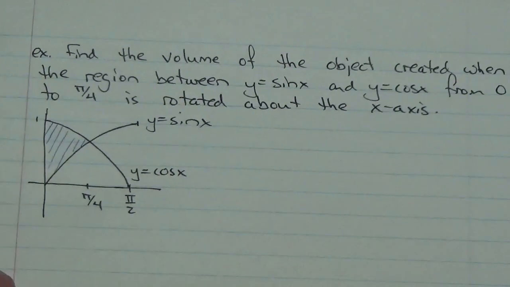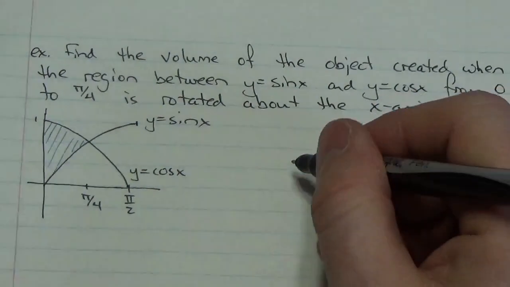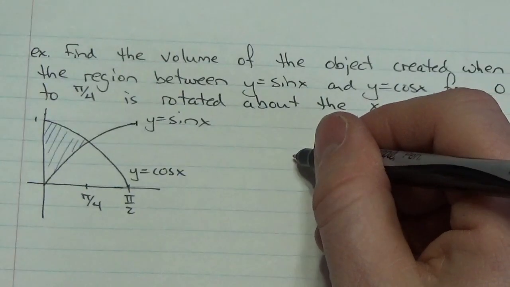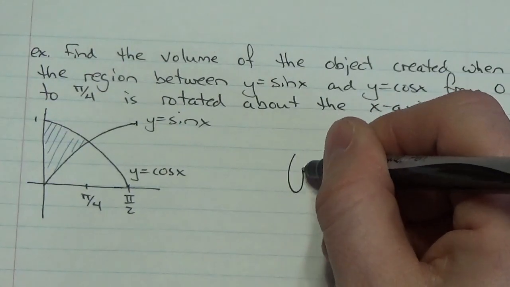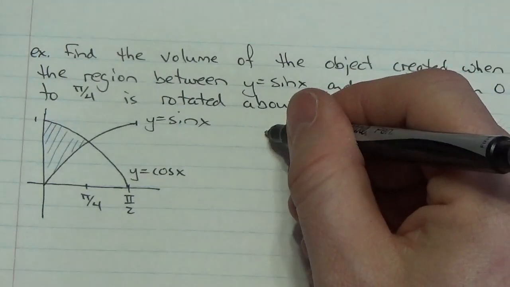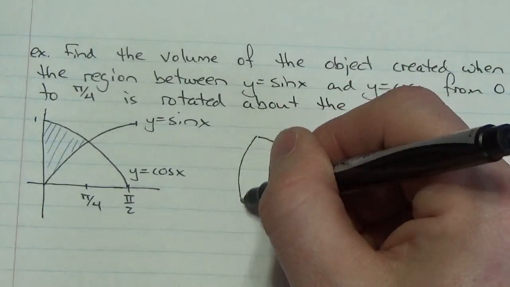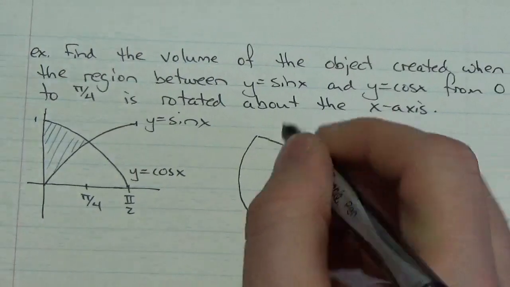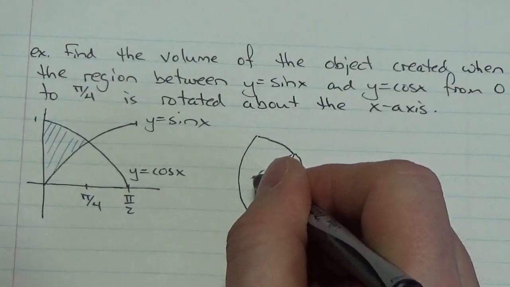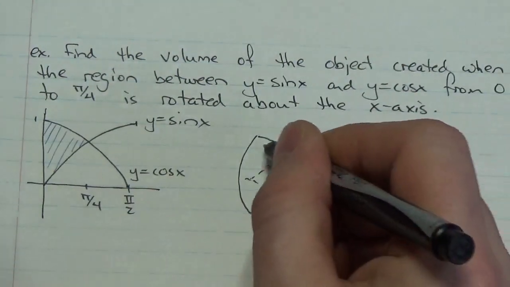Now the result is going to be a shape. It's going to look something like this. It's going to have this little opening here. It's going to have a bit of a bubble to it, and it's going to go down like that, a little bit of a bubble to it, and then you're going to have this interior part right here.